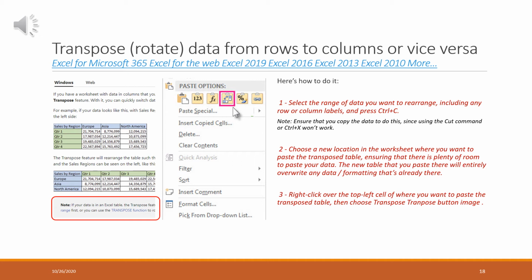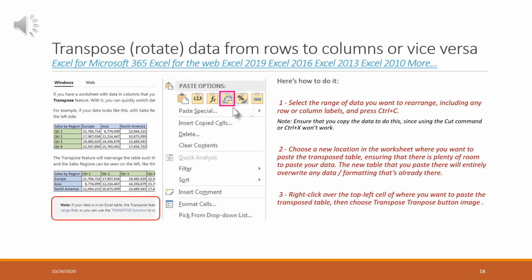You do this by selecting the range of data you want to rearrange, then use copy, not cut, or Control C if you want. And then when you go to the new cell where you want to paste the transposed range of data, you right click and select this third option, transpose range of data. Sometimes the symbol is different.